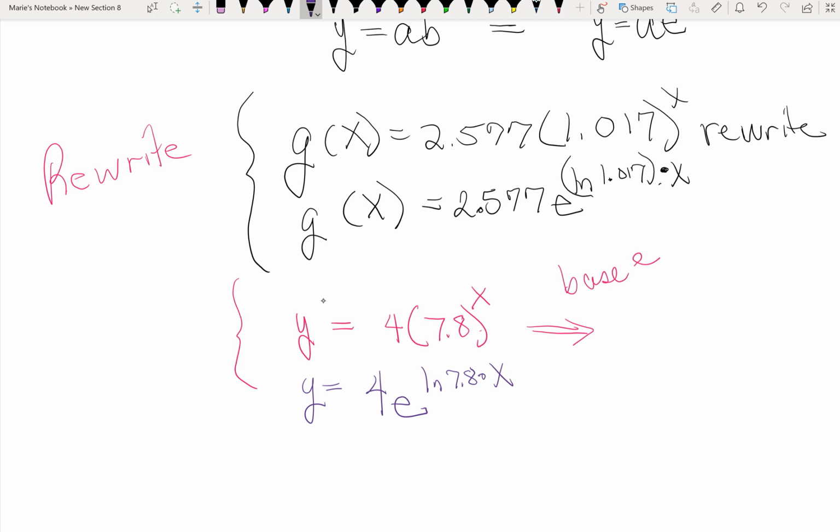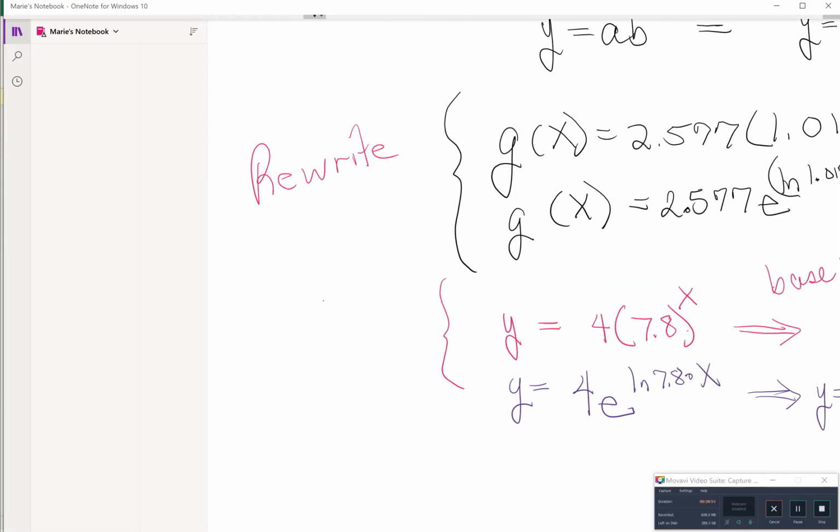If I were to actually work this out, this would become y equals 4e raised to the 2.054x. Okay? So that's the notes for 4-5 in a nutshell.